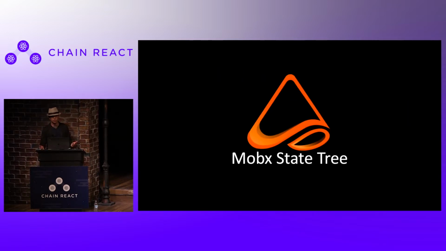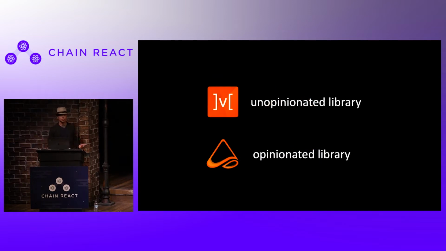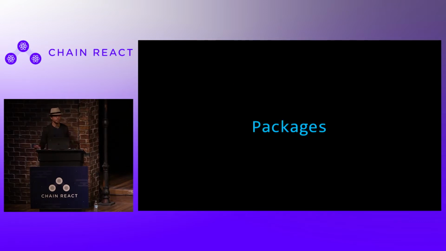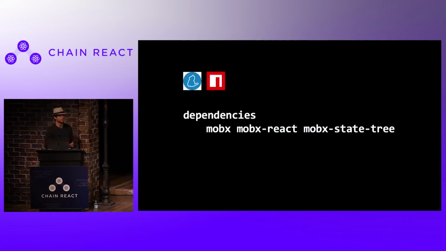Now let's go to MST. Unlike MobX, MobX State Tree, or MST, is an opinionated library that imposes a strict architecture on your state organization. So what are the packages that you'll need when developing in React Native? We have mobx, mobx-react, mobx-state-tree.